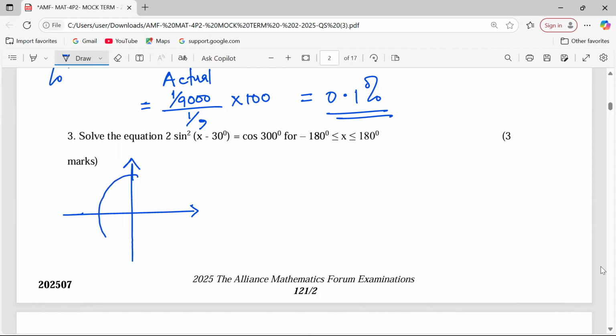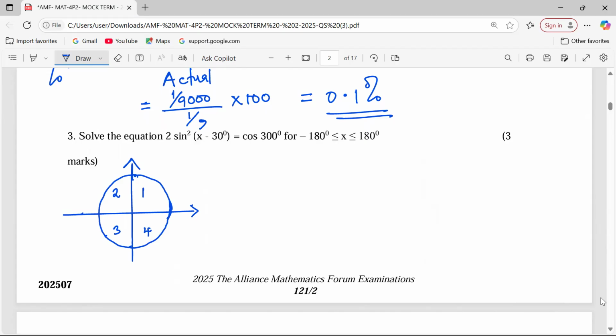So I have a Cartesian plane here, and on the Cartesian plane, ladies and gentlemen, I have a unit circle. An angle of 300 shall lie in the fourth quadrant. This is the first, the second, the third, and the fourth quadrant.